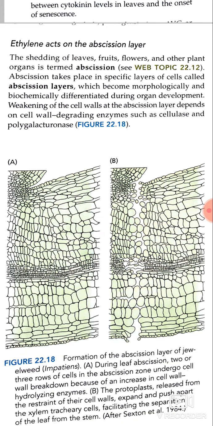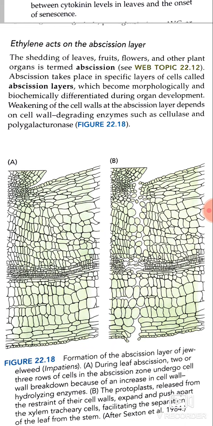Here is the diagram: formation of the abscission layer of jewelweed. First, during leaf abscission, two or three rows of cells in the abscission zone undergo cell wall breakdown because of an increase in cell wall hydrolyzing enzymes.